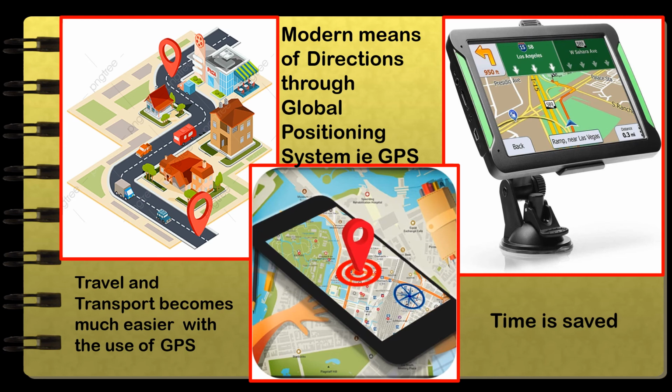This helps us to locate the place quickly through our mobile or our laptop. Also, travel and transport becomes much easier with the use of GPS, and a lot of time gets saved. So these are the modern methods, children.